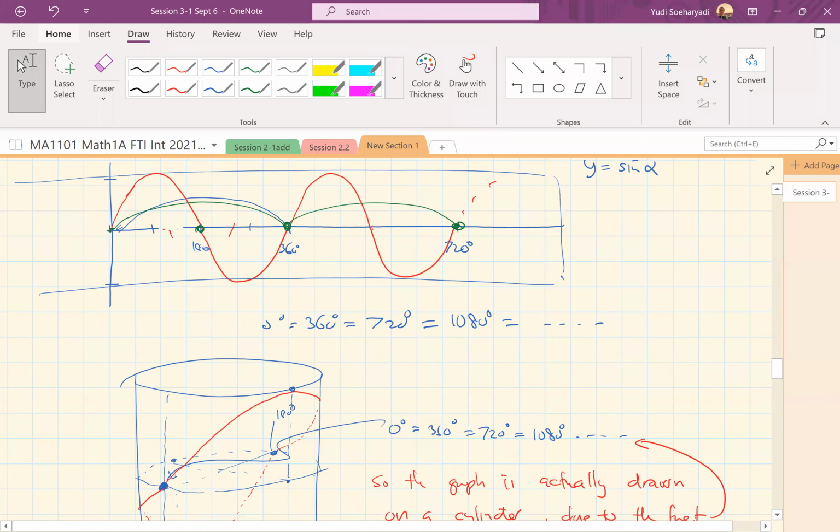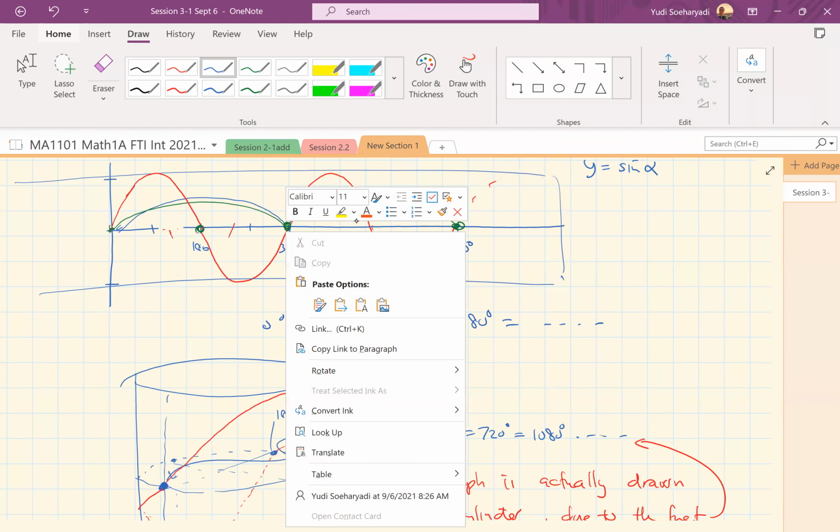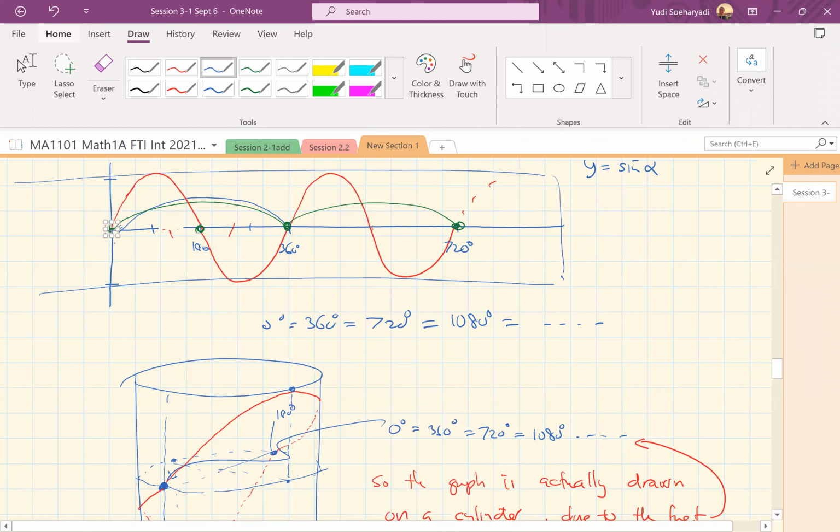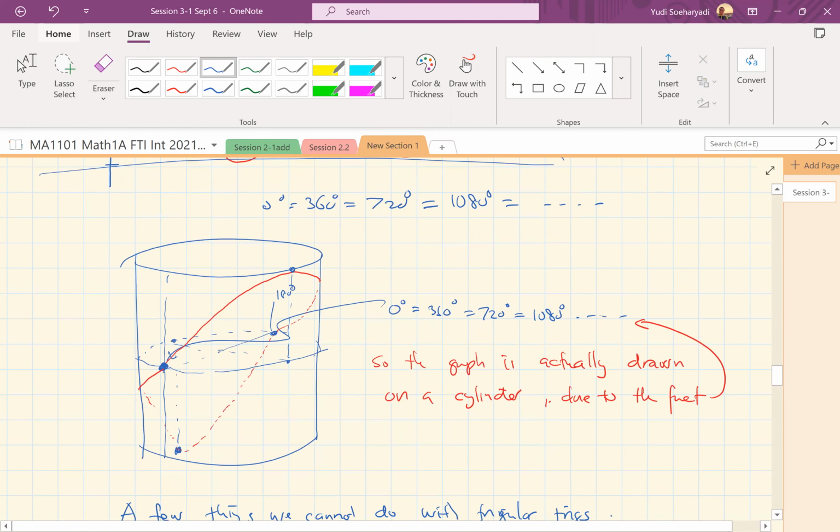Why do we have a cylinder? Well, because somehow you identify this 360 with 0. So 0, 360, 720, 1080 are the same points. Because you identify them, you glue them together, you get a cylinder.